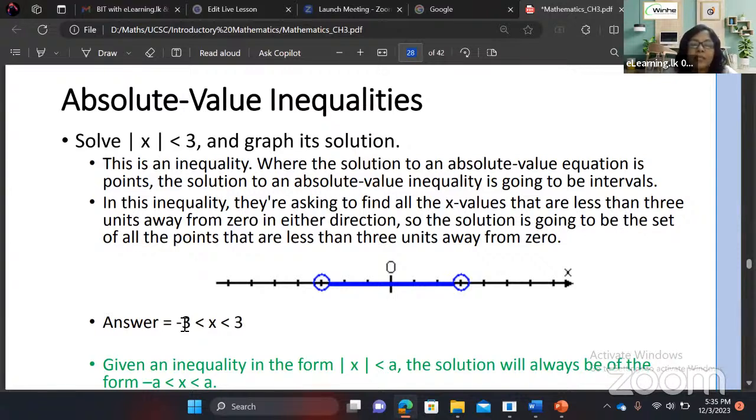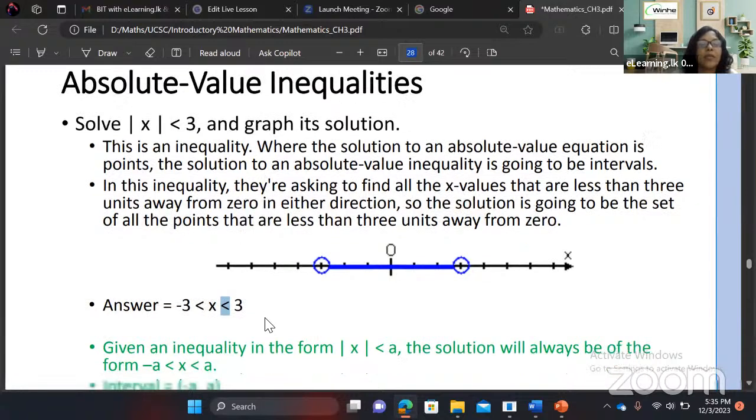Here, since there is no equal sign, we can say this is an open interval.